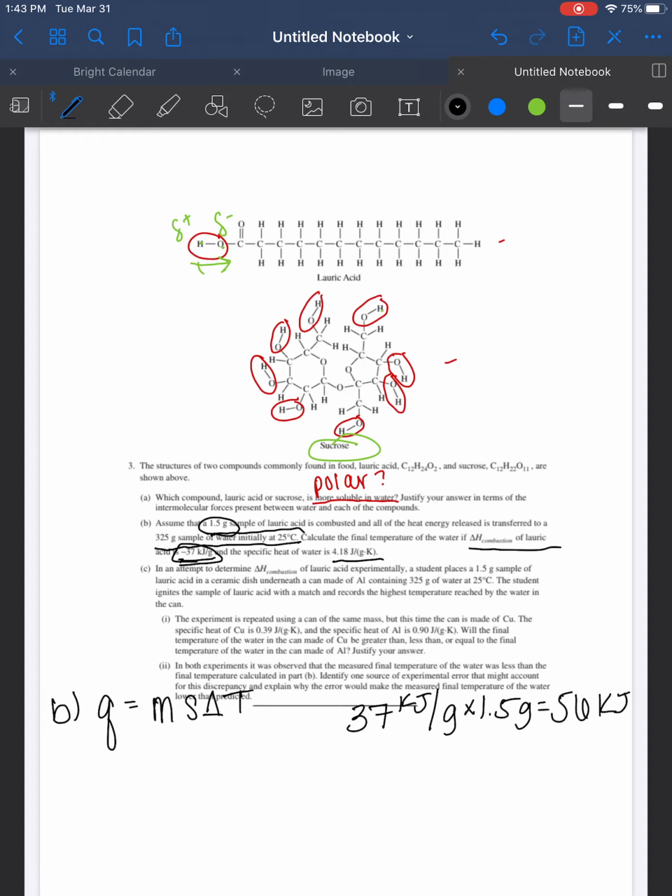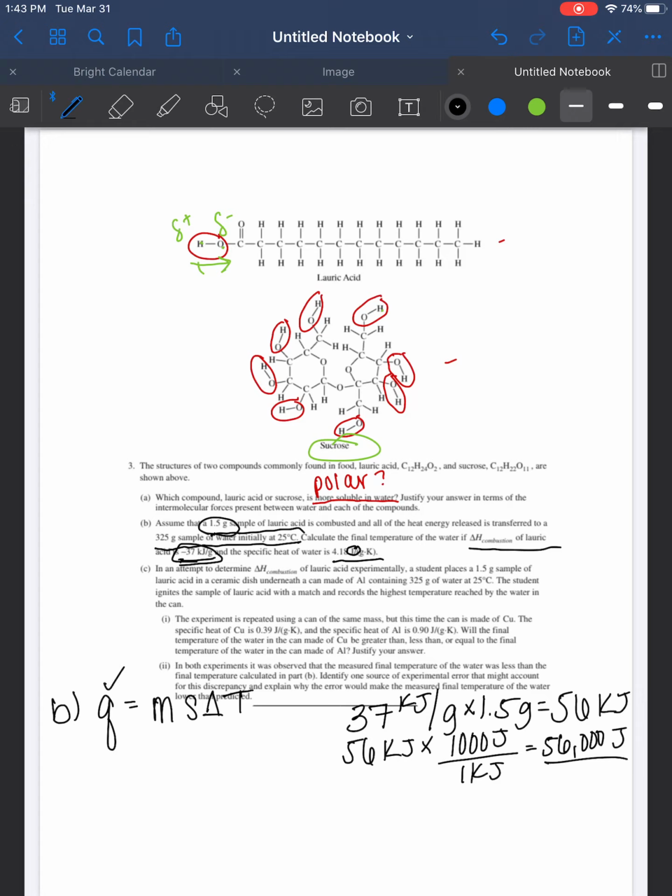However, since the specific heat of water is given to us in joules, we're going to want to convert this kilojoules to joules. So 56 kilojoules times 1,000 joules in 1 kilojoule means this is equal to 56,000 joules, and that is equal to my Q in this case.